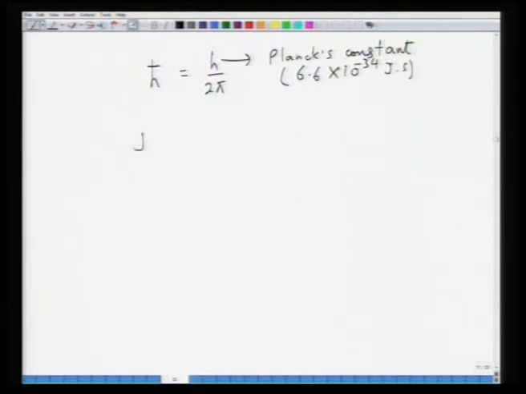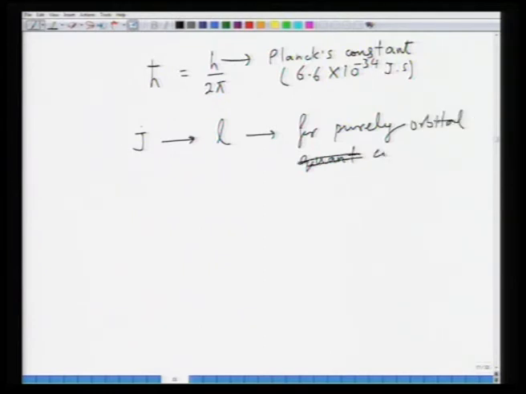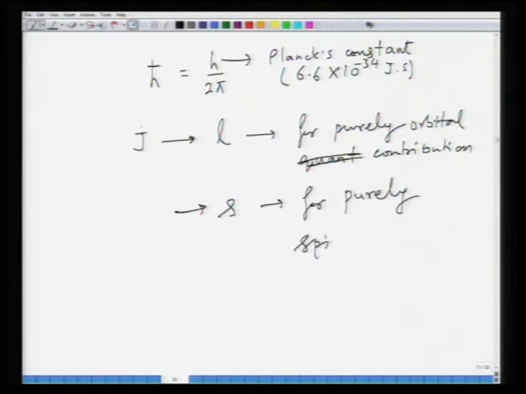So small j can take L for purely orbital contribution, and it can be equal to S for purely spin contribution.